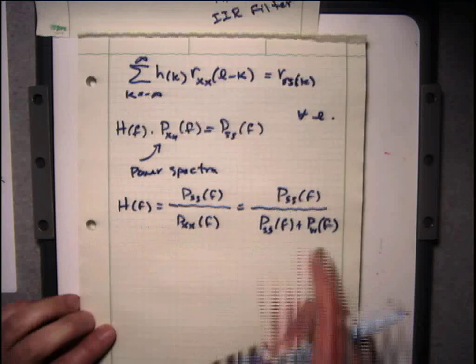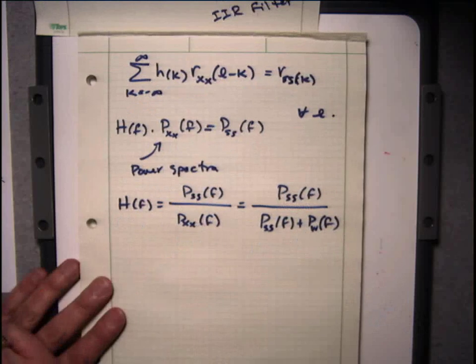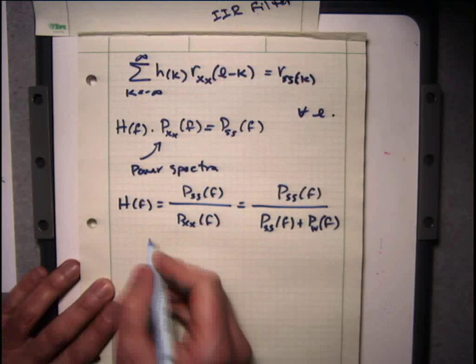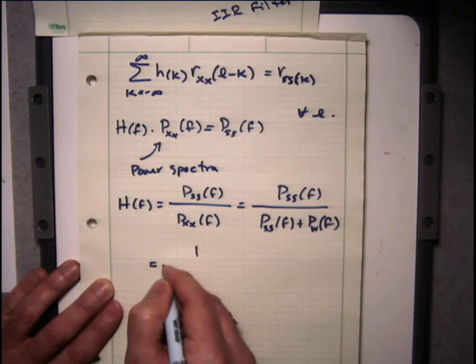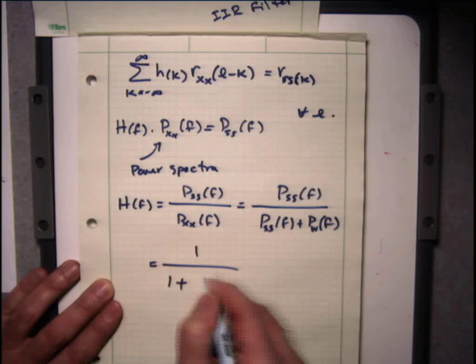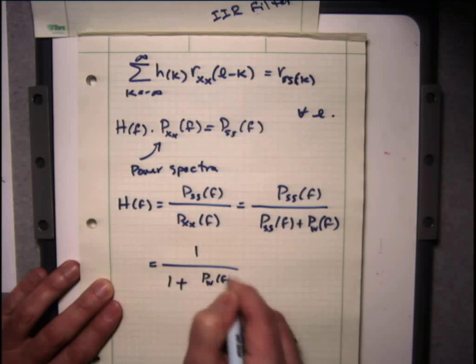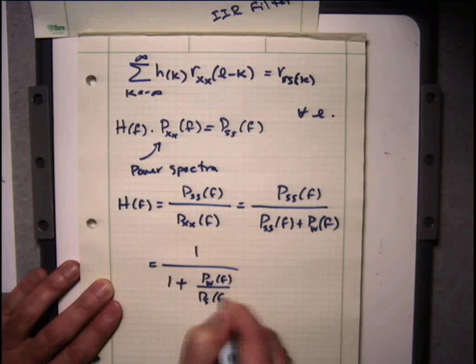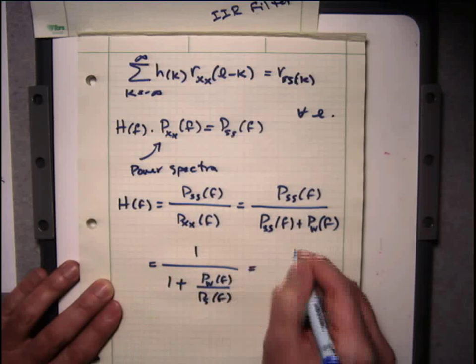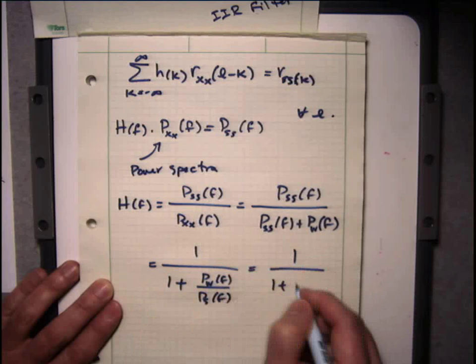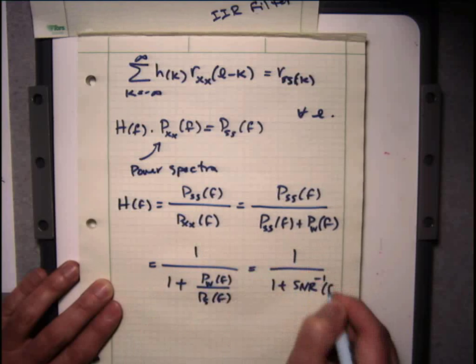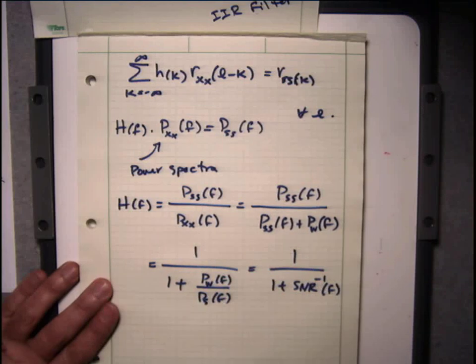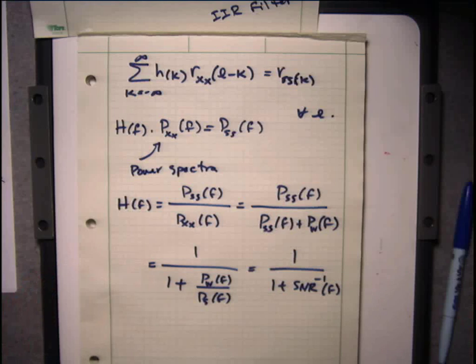Now we can divide this by P_ss, giving 1 over 1 plus P_w of f over P_s of f, and now this is 1 over 1 plus the inverse signal-to-noise ratio at every frequency. Okay, and this exactly is the Wiener filter.